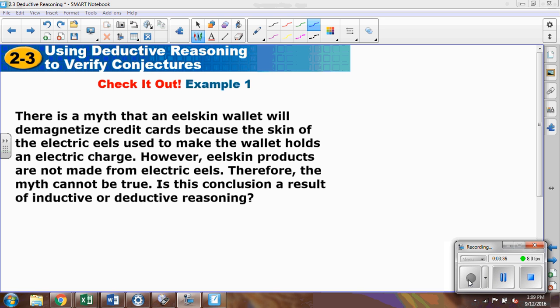Okay, consider another example. There is a claim that eel skin wallets will demagnetize and damage credit cards because the skin of an electrical eel is going to retain an electrical charge and that can damage the credit card. So here is a claim for a law.